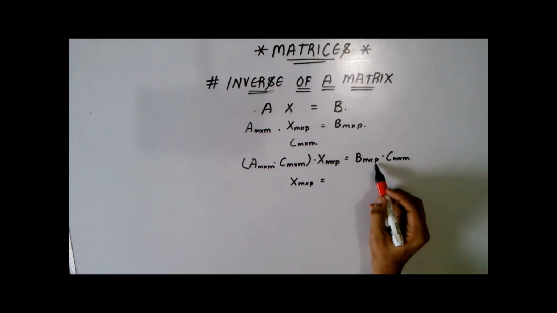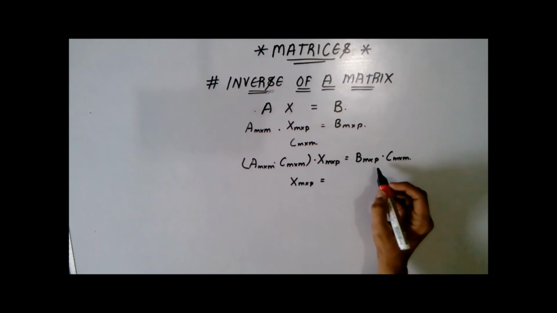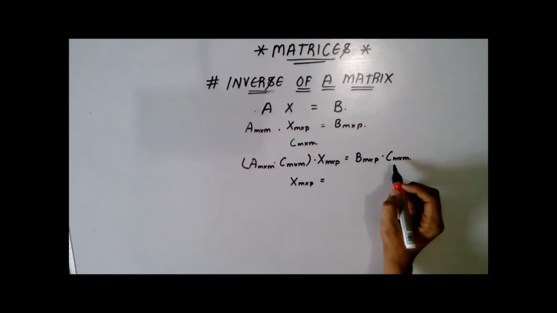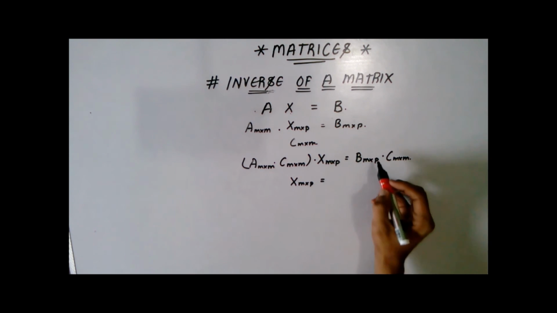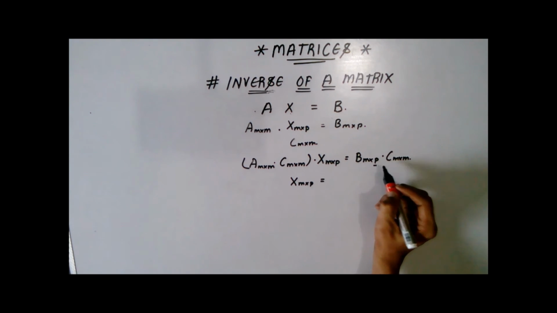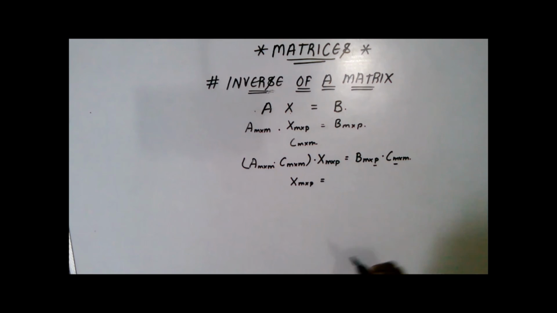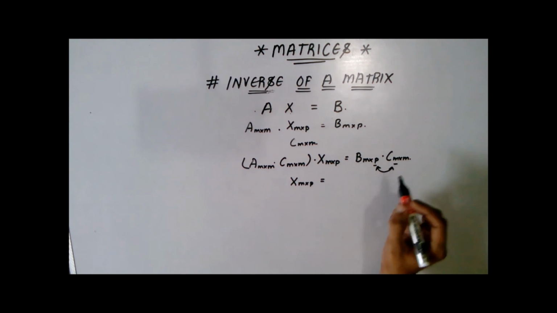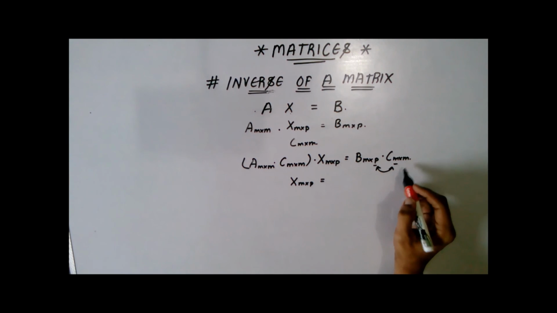For matrix multiplication to exist, the necessary condition, as I specified earlier, was that number of columns in the previous matrix must be equal to the number of rows in the succeeding matrix. But here the number of columns is p and number of rows is m. So these are not same, and the basic condition for a matrix multiplication to exist is not satisfied.